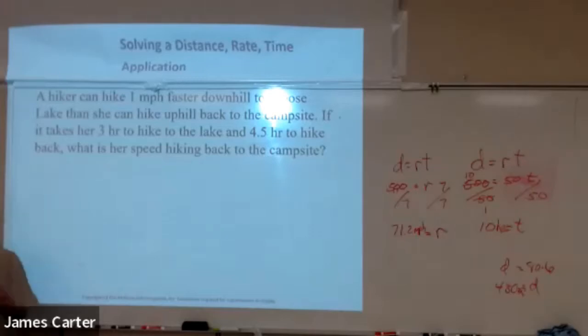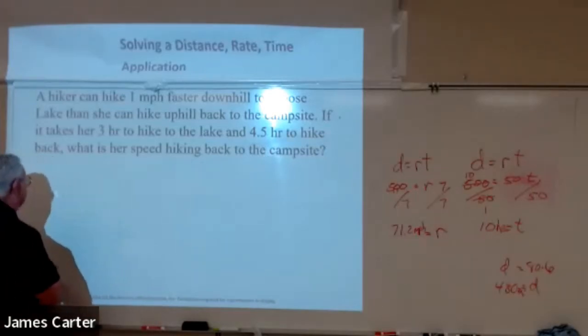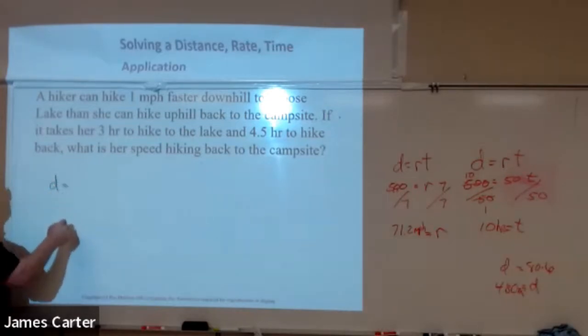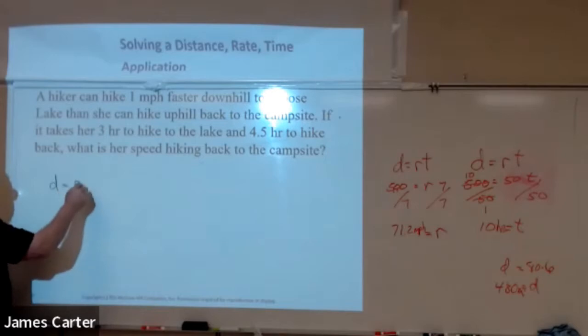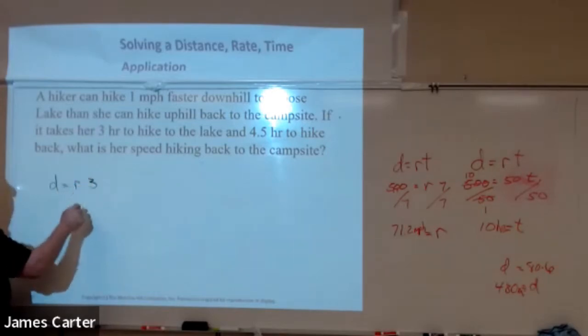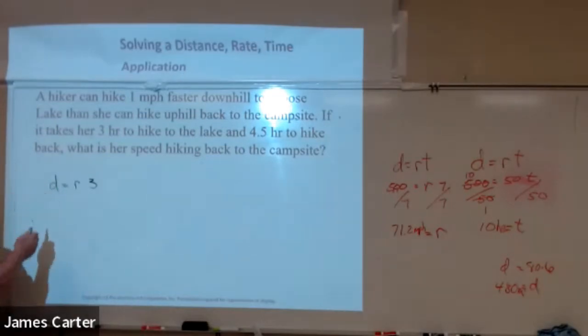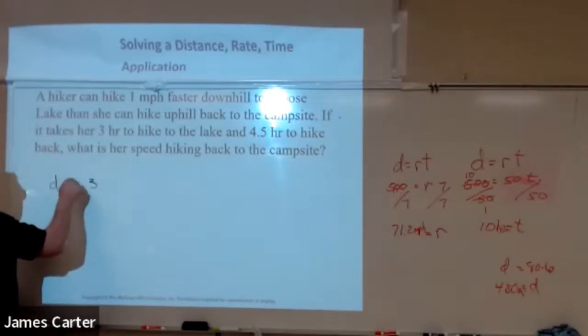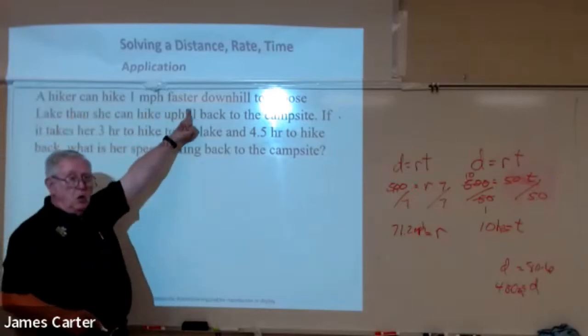But we do have basically this formula. We have the distance, whatever it is, equals whatever the rate is times 3 hours. Okay. She can go downhill, so this is the rate plus 1. Why? Because it says she can go 1 faster.